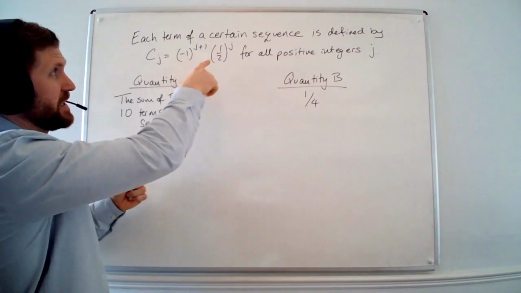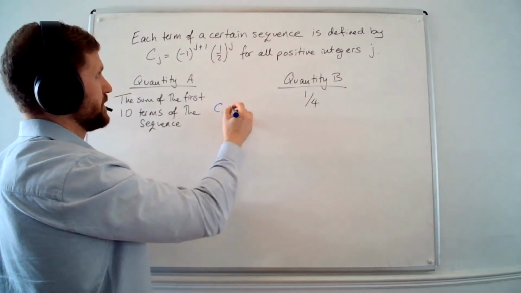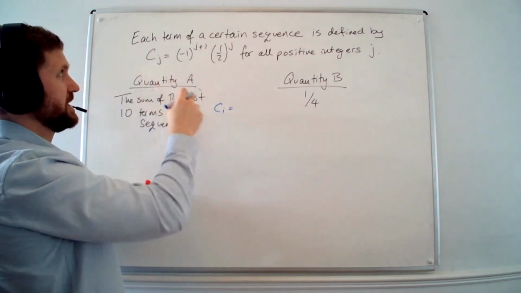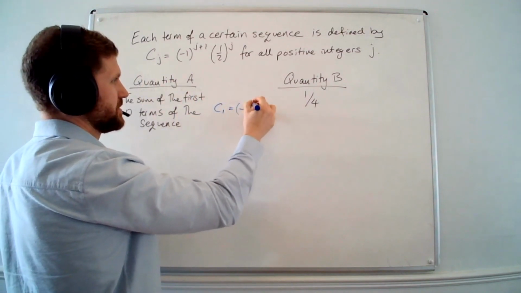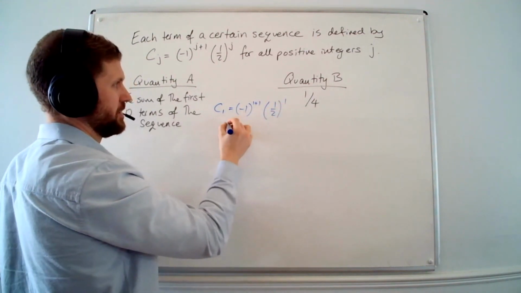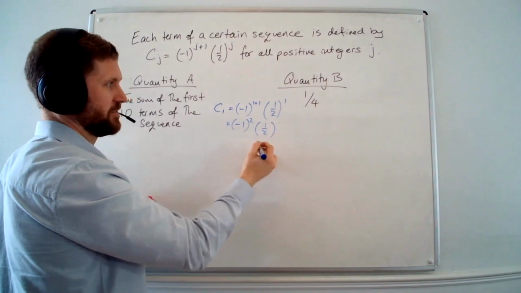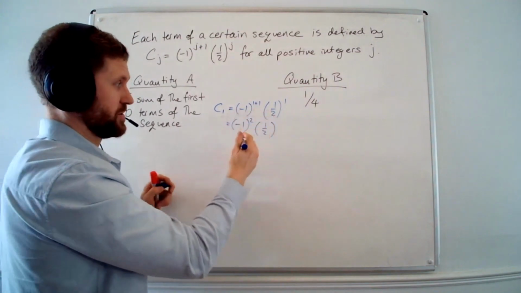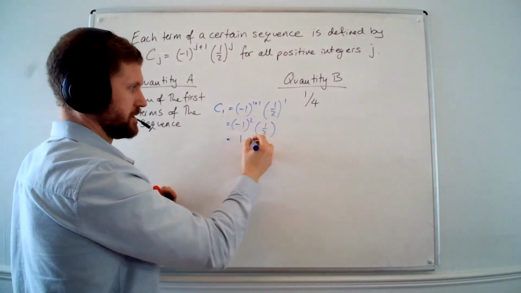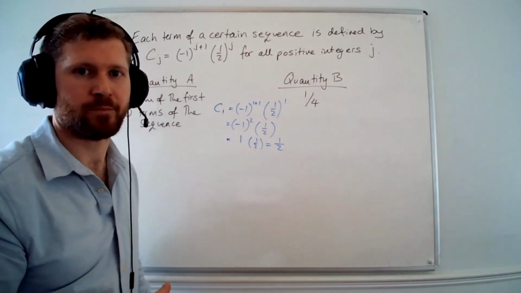So if I put j as 1 to find the first term of this sequence, c1, then I'm going to get -1 to the 1 plus 1 multiplied by a half to the power of 1. Or in other words, -1 squared times a half. Well, -1 squared is just 1, times a half. The first term is a half, right?